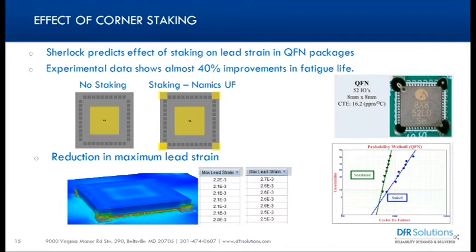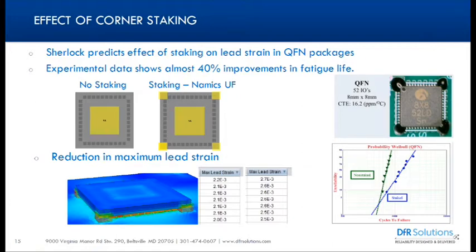And this is experimentally determined. Obviously, we can do this with Sherlock, or we can do it with any other kind of SEA tool that you would like to use. So if you're doing staking, you can show that not all is doom and gloom. If you use the right kind of underfill, you can get actually a better performance due to staking versus non-staking of the same component.